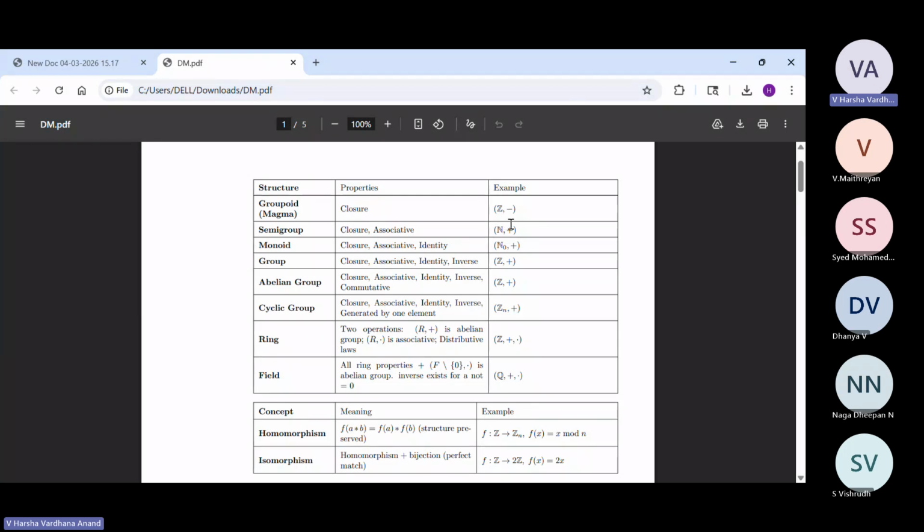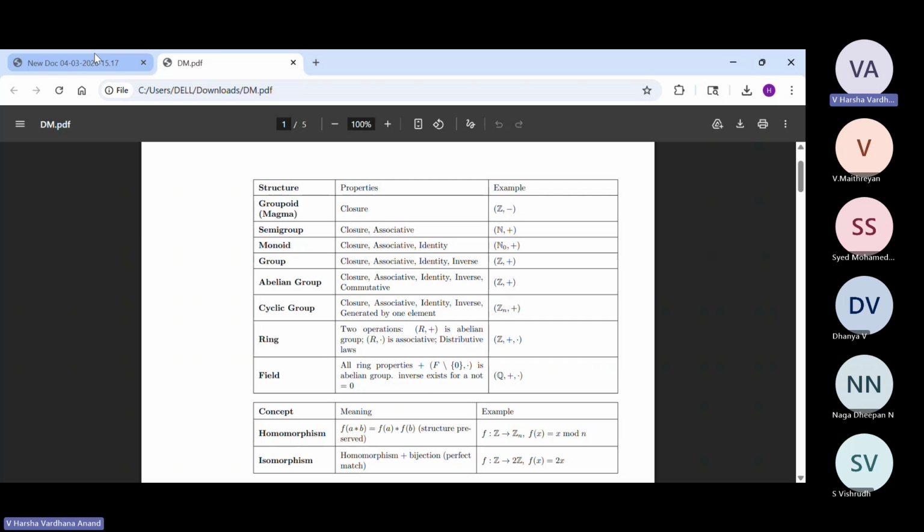So N here is the natural numbers and plus is the addition operation. Take any two random natural numbers. If you add them, it will again be a natural number. 1 plus 2 is 3, natural. Associative means, for 1 plus 2 plus 3, the order of addition does not matter. So we can do 1 plus 2 first or 2 plus 3 first. Again, we'll get the same thing.